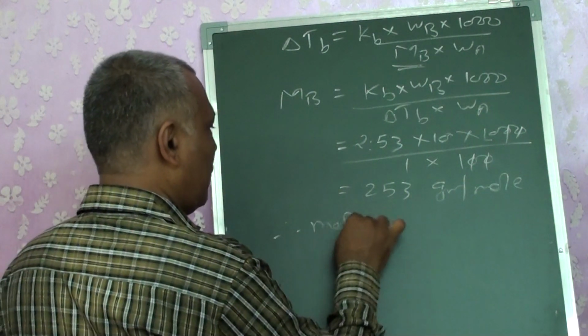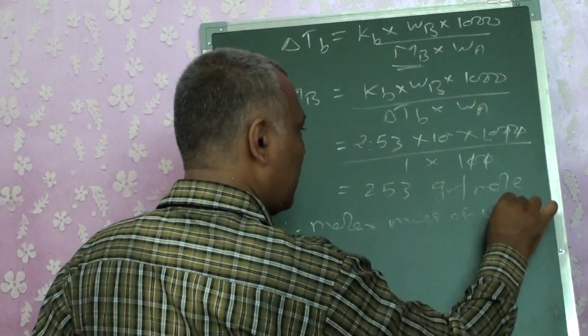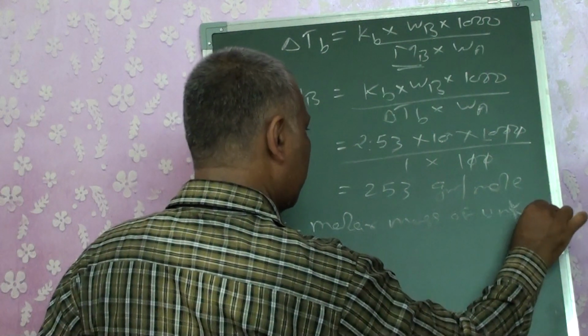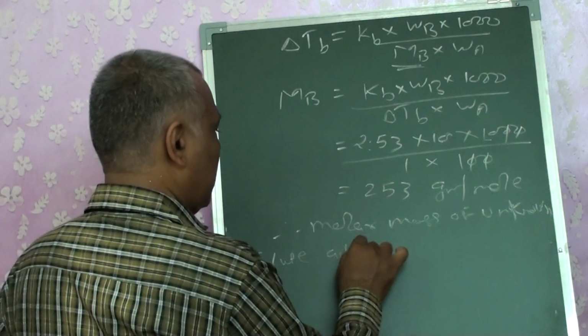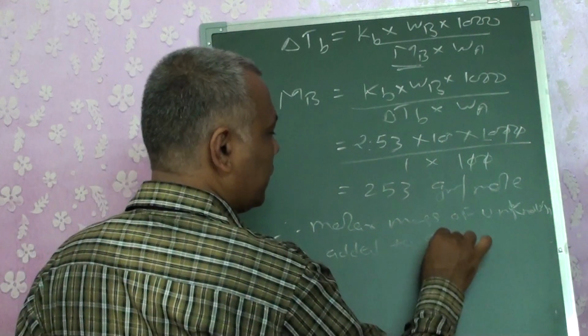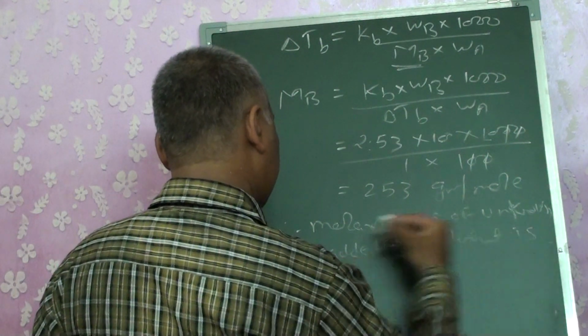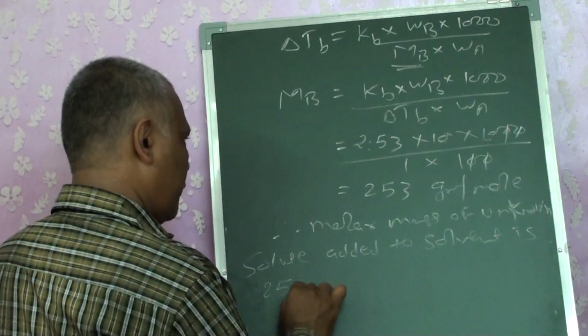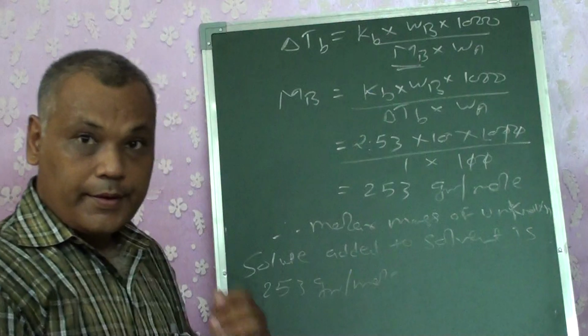Therefore, the molar mass of the unknown solute added to the solvent is 253 gram per mole, right?